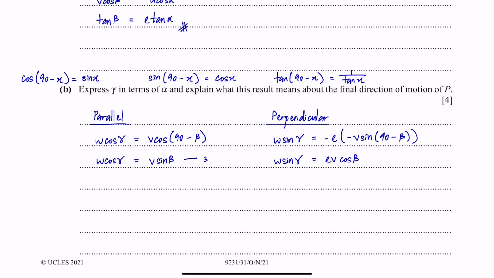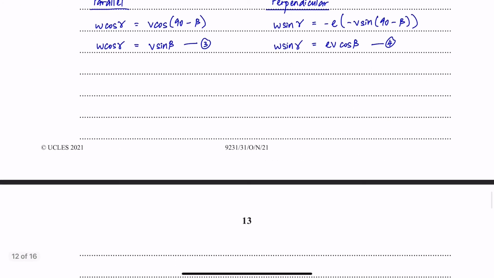Let's call this equation 3 and equation 4. So 4 divided by 3, we have W sine gamma over W cos gamma equals EV cos beta over V sine beta.